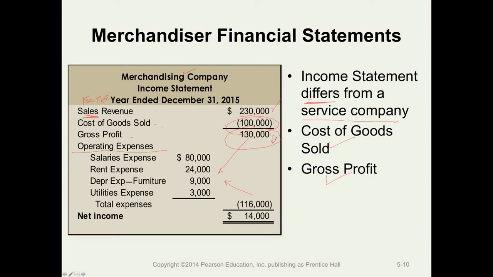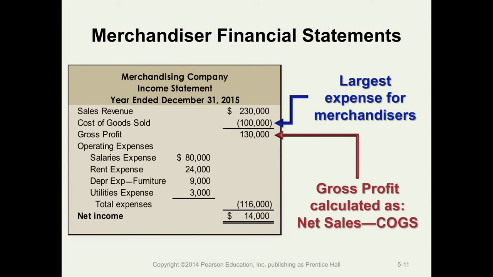If your gross profit goes down, you may not be able to cover these operating expenses. So one of the key differences is the income statement, and that metric, gross profit or cost of goods sold and gross profit, are critical to monitor, and it's a key statistic for financial analysts.